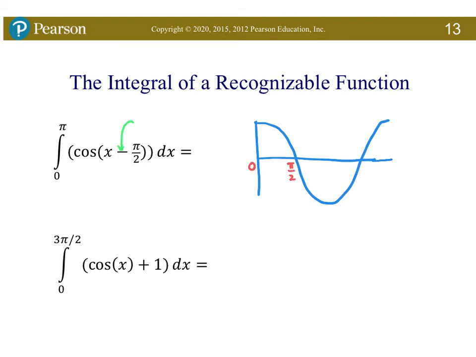But this cosine is moved right pi halves. So the graph that I've drawn here needs to be moved over to the right pi halves. So the maximum is happening above pi halves.